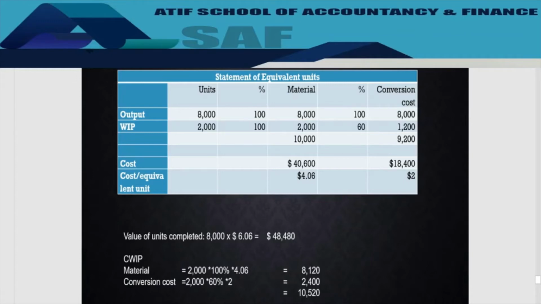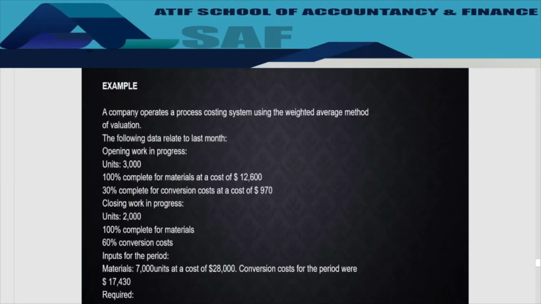Now we have to calculate the cost per equivalent unit. For calculating cost per unit, we would have to divide the total cost incurred by equivalent unit. Here total cost can be computed by adding value of opening work in progress plus value of material input. Here value of material in opening work in progress is $12,600 while value of material in input is $28,000.